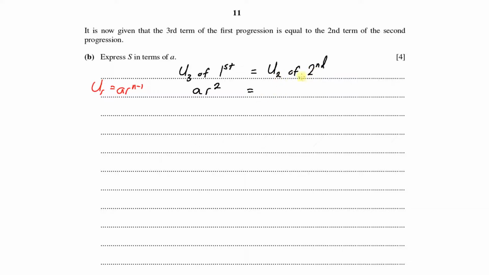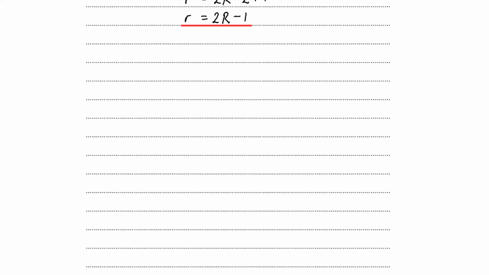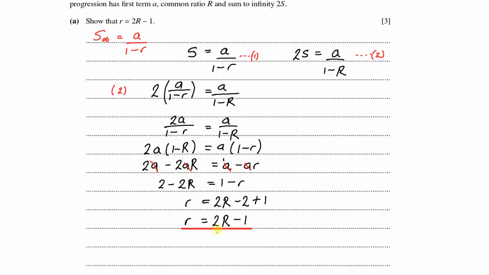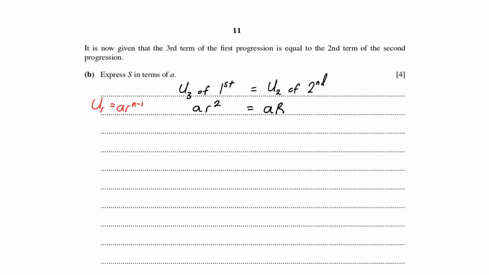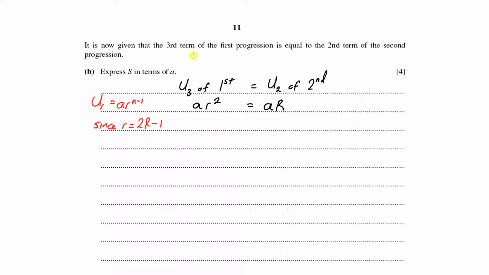For the second progression, that will be A times R, which is capital R to the power of 2 minus 1, which is just R. So from here, we are going to use substitution because we obtained in part A that R is 2r minus 1. So in place of r here, we'll have a(2r minus 1) squared is equal to AR.